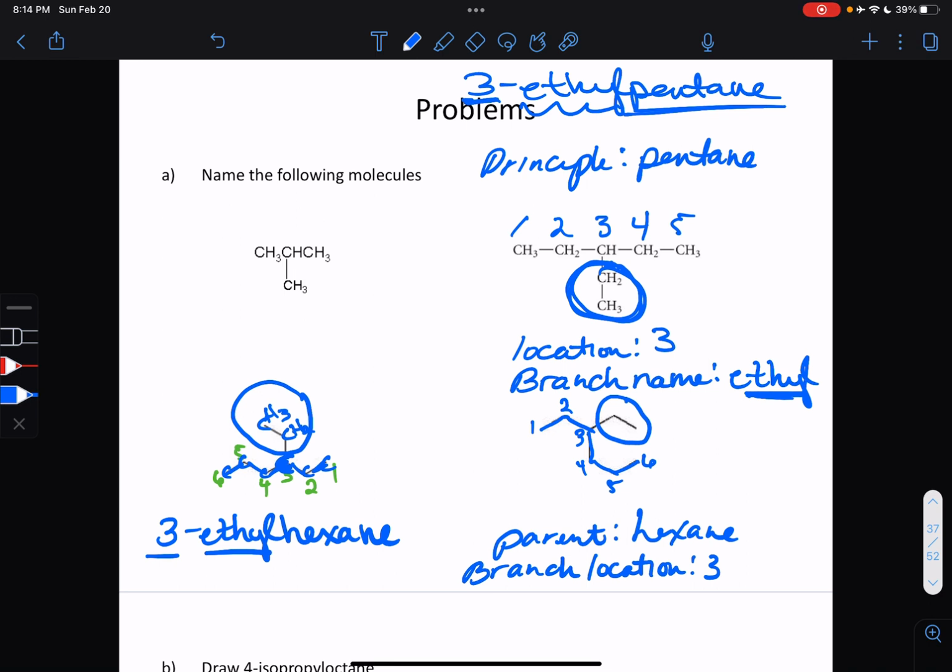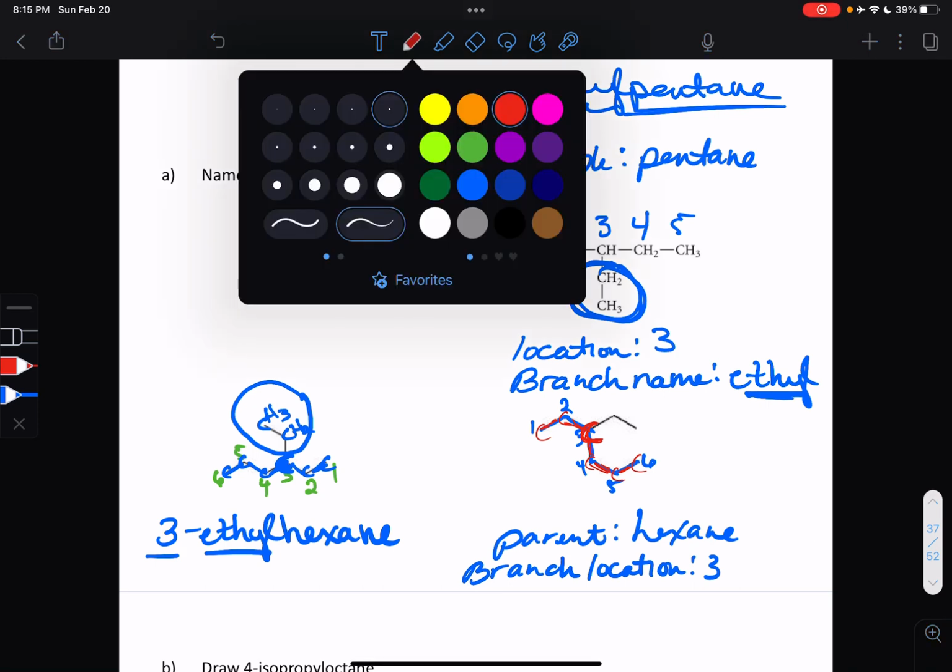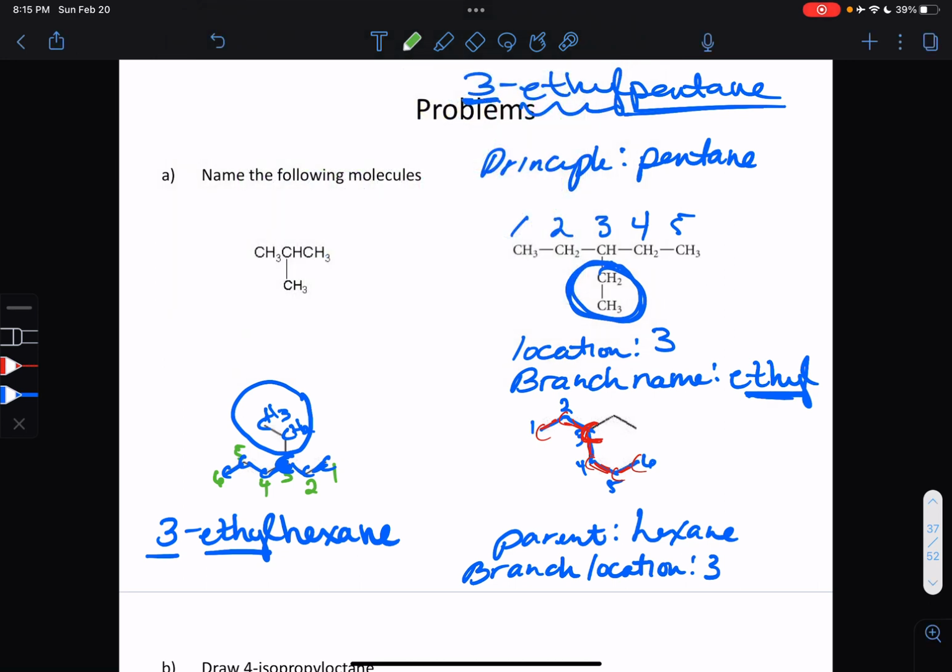All right, friends. So let's get rid of that circle right there. And let's draw some carbons in here. So there are the carbons of the parent chain. And again, remember, you do not include the carbon of the parent chain in with the branch. So the branch is right here. So you have a carbon here and a carbon here.